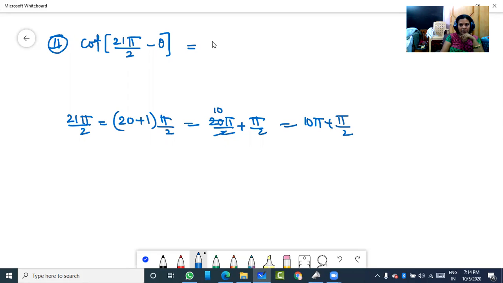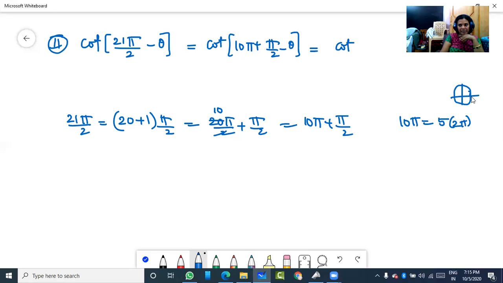So here cot of 10 pi plus pi by 2 minus theta. Let us take 10 pi plus pi by 2. Here 10 pi is even, and even means again we will get cot. 10 pi means 5 rotations are completed. 10 pi can be taken as 5 into 2 pi, and 2 pi means the angle is 360 degrees.